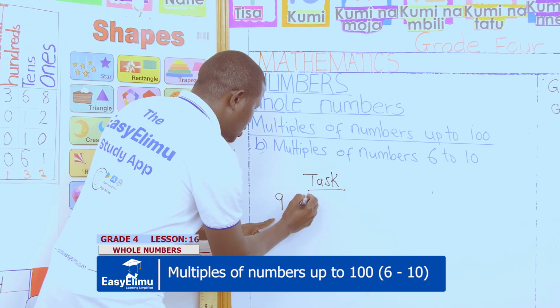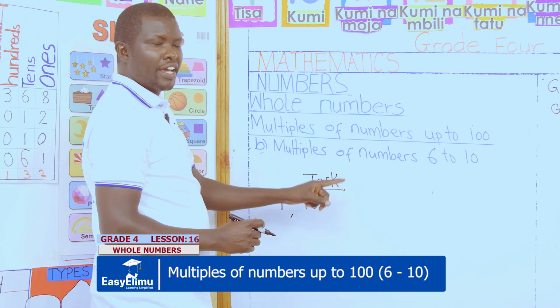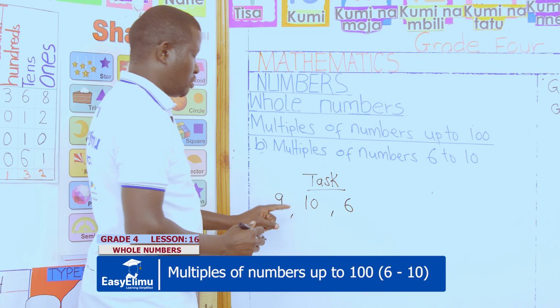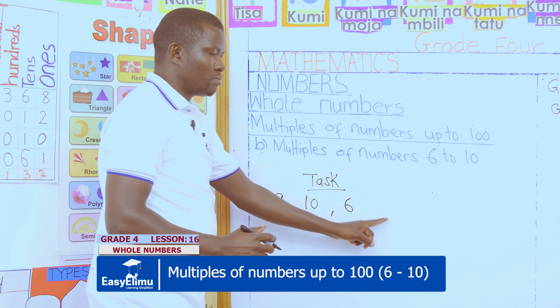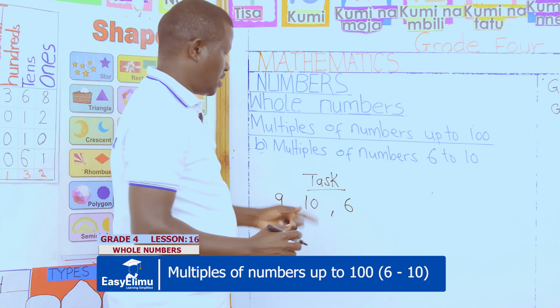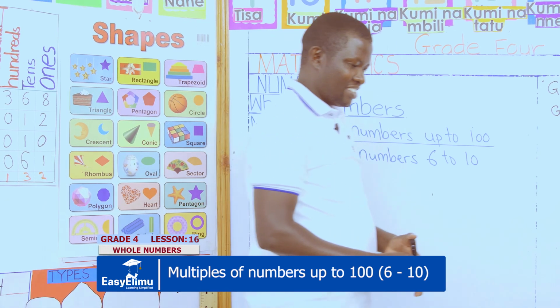Multiples of 10. Remember, you are multiplying them with 6, 7, 8, 9, and 10. And the last one is multiples of 6. You multiply it from 6 multiplied by 6, 6 by 7, 6 by 8, 6 by 9, 6 by 10. This is the task that I would like us to do.